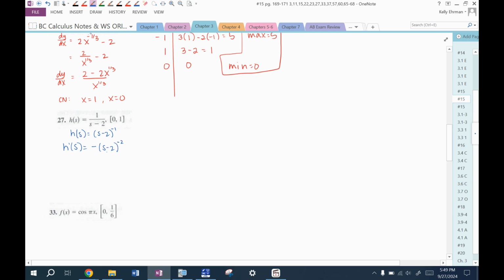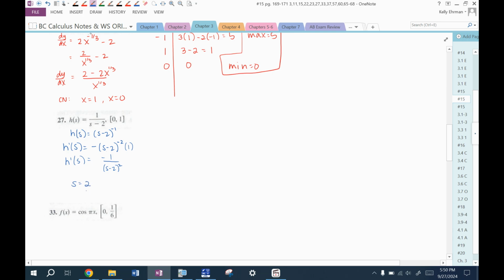Now, technically, there's a little chain rule here, like the derivative of s minus 2 is 1. I like to get in the habit of thinking of that if there's something more than just a single variable here so that I'm on the lookout for it in case it's 2 minus s or something like that. Anyway, h prime of s is equal to negative 1 over s minus 2 squared. And so the critical number that I get here is s equals 2.